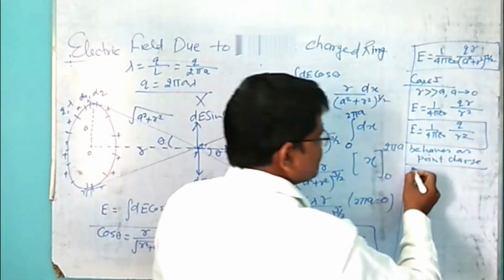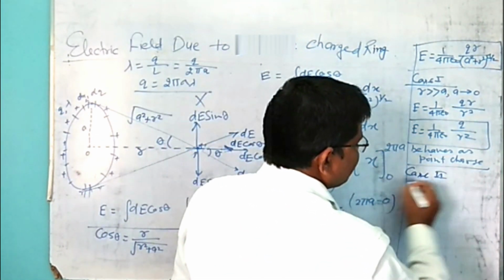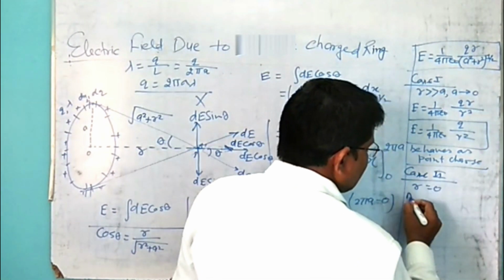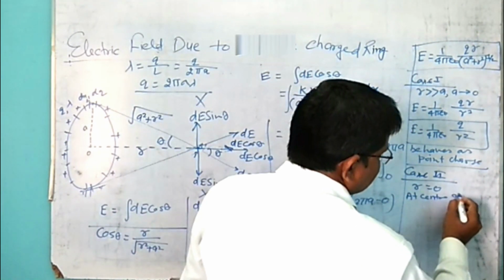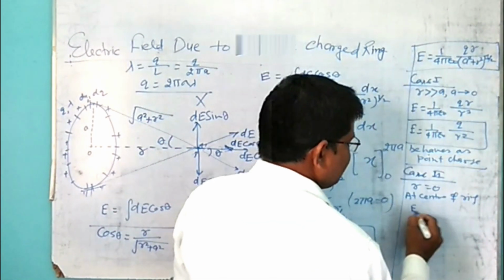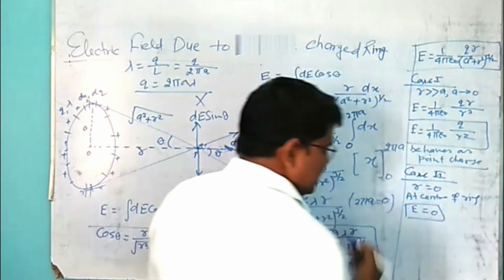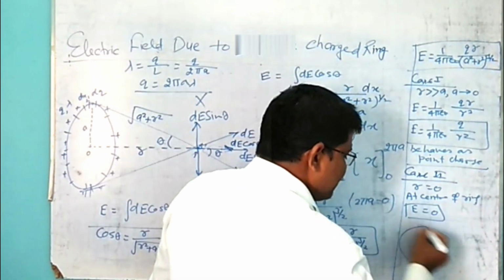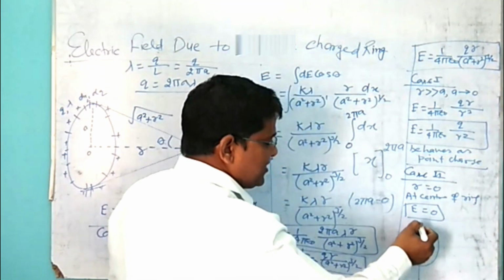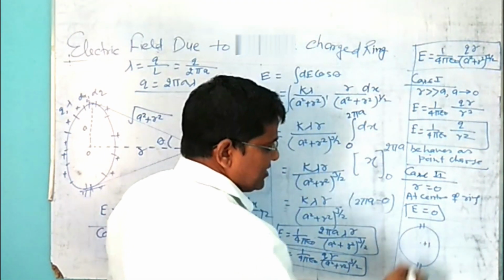And next, case 2: if r equal to 0, r equal to 0 means at the center of the ring, then the electric field becomes 0. You can understand this diagrammatically. Suppose this is the ring, this is the point, and there is a plus 1 charge. We consider a small section here and here.